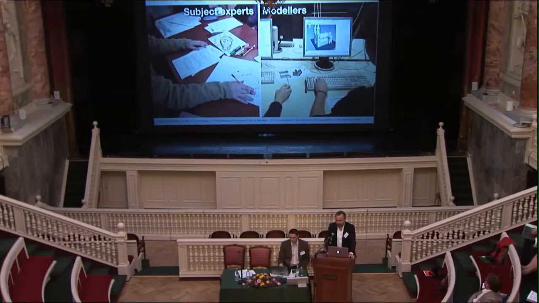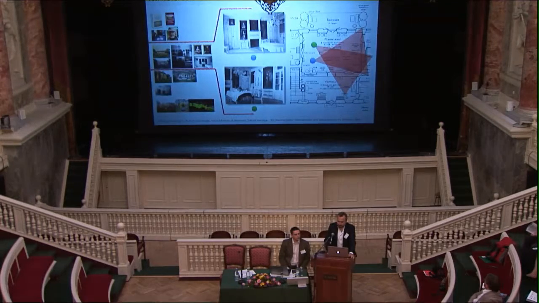The digital hypothetical 3D reconstruction is generally based on two main activities. The activity of a subject expert, for instance an art historian, explores sources and prepares information for computer-based visualization, and the activity of a modeler, for instance an architect, interprets the sources and creates the born-digital 3D objects, the computer-based visualization.